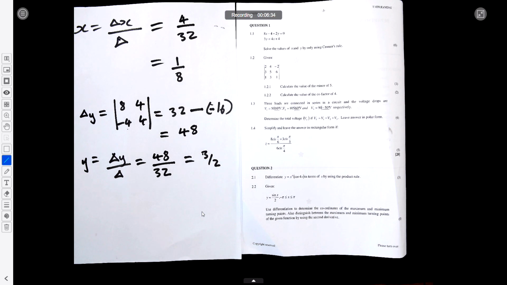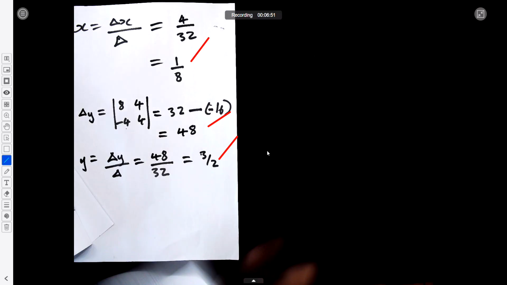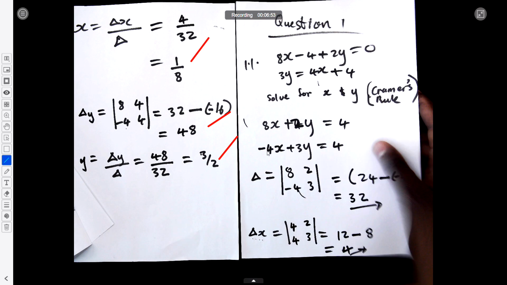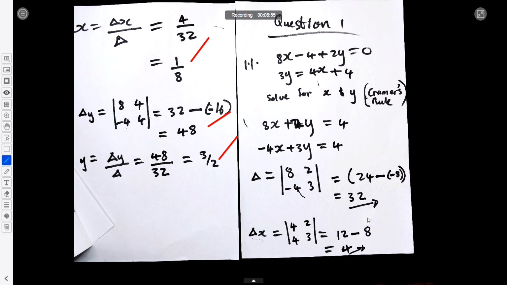So in fact, all in all, question 1.1 had 6 marks. Determining delta will be a mark. Finding delta is a mark, and finding delta x is a mark.